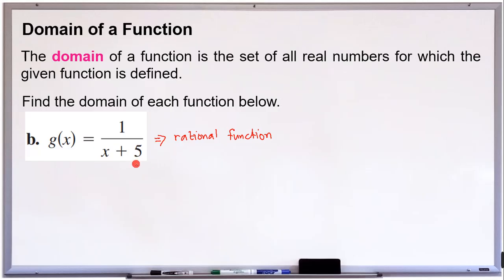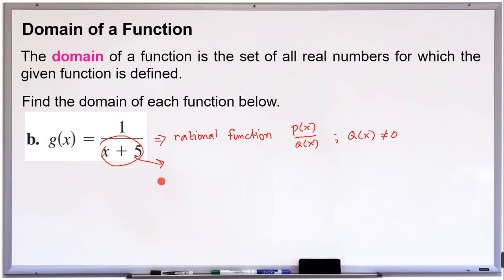For a rational function, the major restriction is the denominator, because a rational function is expressed as p of x over q of x, such that the denominator will not be equal to 0. So what makes the denominator 0? By observation, when x equals -5, it will of course equal 0.